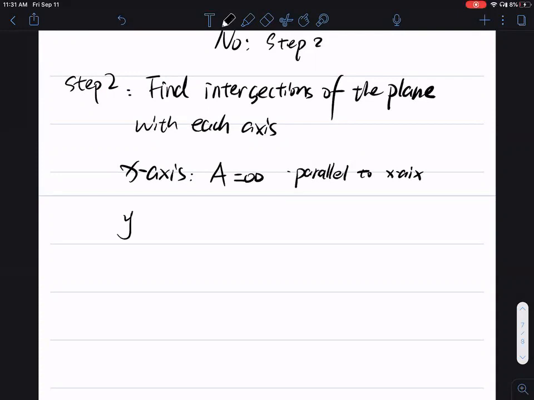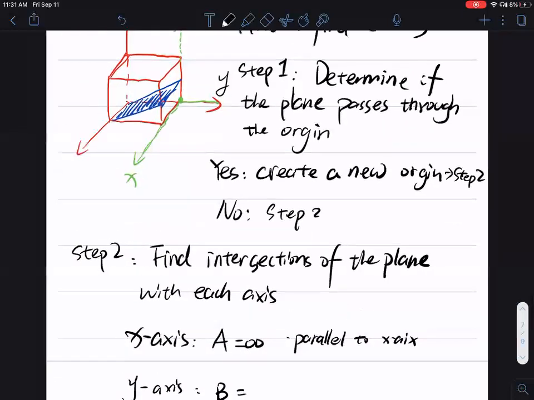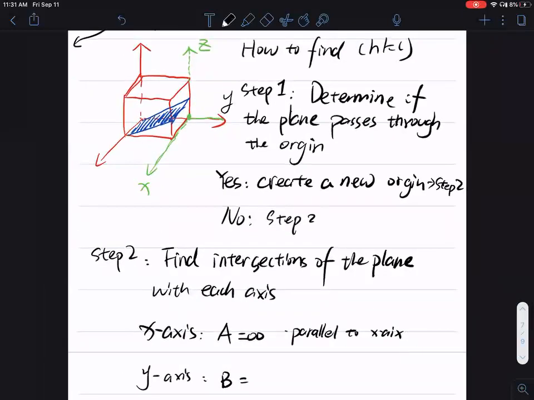Now let's look at the y-axis. Let's use B for the interception. Okay, let's look at y. What is the interception of that plane with the y-axis? Y is going that way. The plane goes backward.